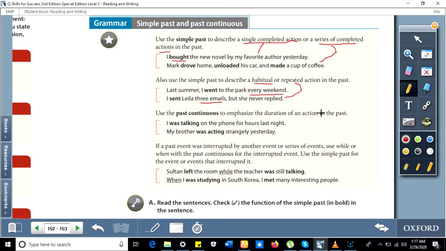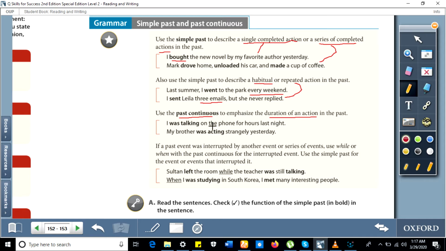Now you can also use past continuous, but we use past continuous for the duration of an action. Duration meaning for a time, at that time when the action was happening, right? So that's what the duration means.